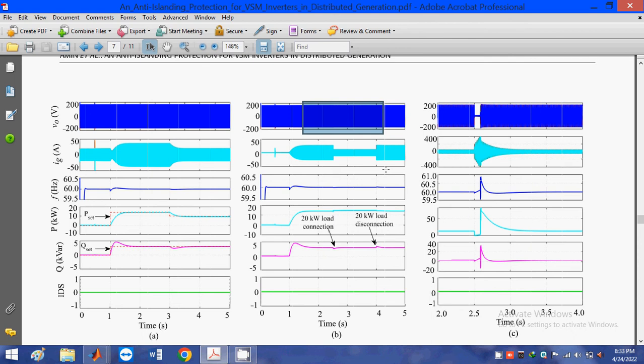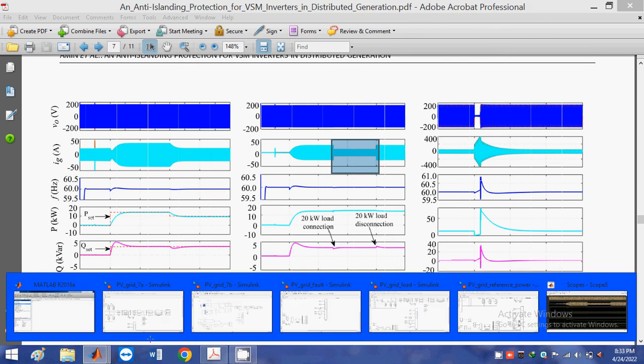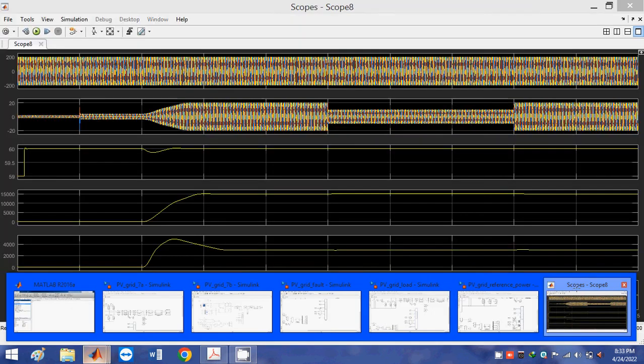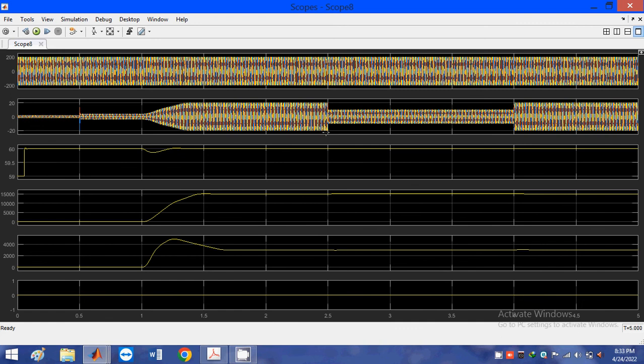That means from this time interval we have low currents. I will show you these results also. So at the time interval 2.5 to 3, I have currents less than the previous case.